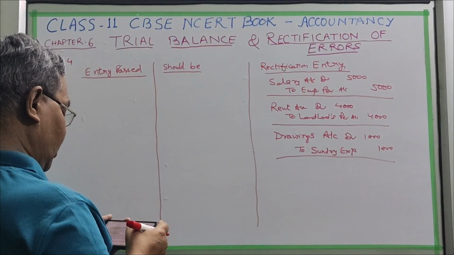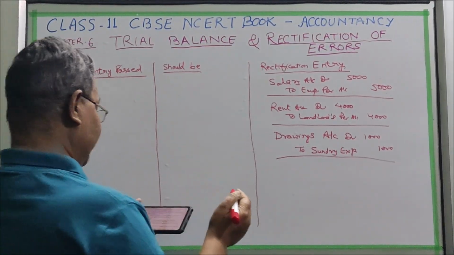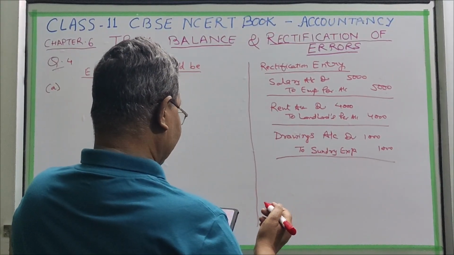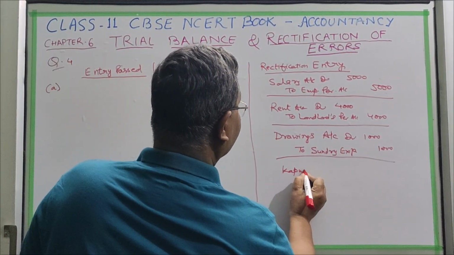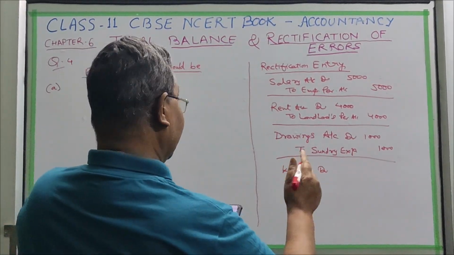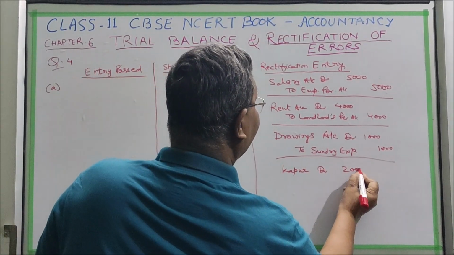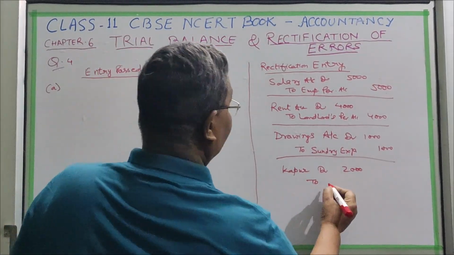Cash received from Kohli 2,000, posted to Kapoor's account. So you have to credit Kohli. You have credited Kapoor, so Kapoor debit. Previously you have credited him, now you debit him. Kapoor debit 2,000, to cash received from Kohli. To Kohli.